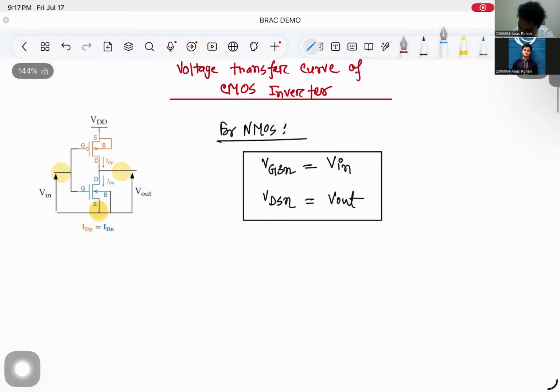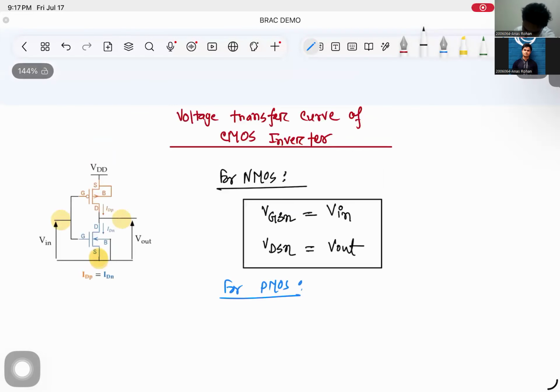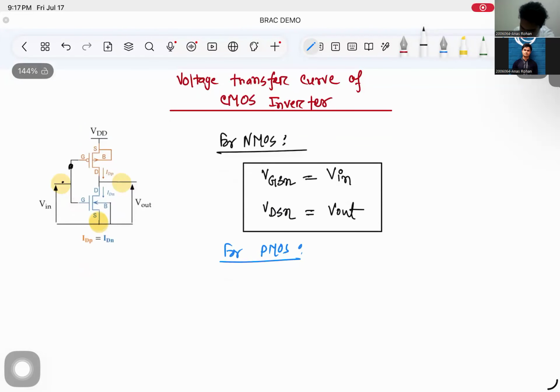Similarly, we can write for our PMOS device. This is our gate terminal and this is our source terminal. So the VGS of our PMOS will be equal to, as the gate voltage is VIN, VIN minus VDD.